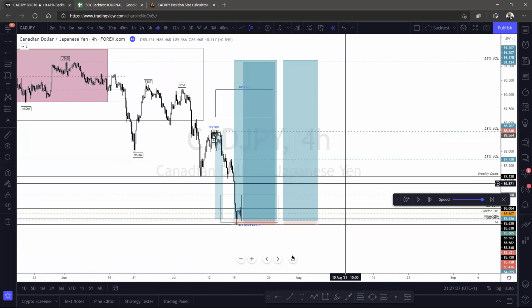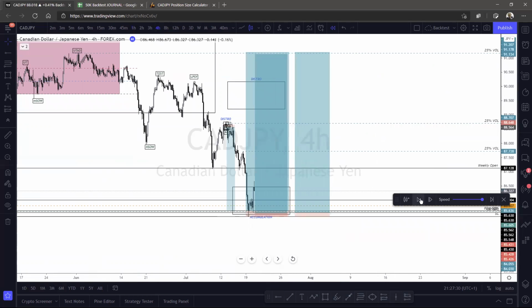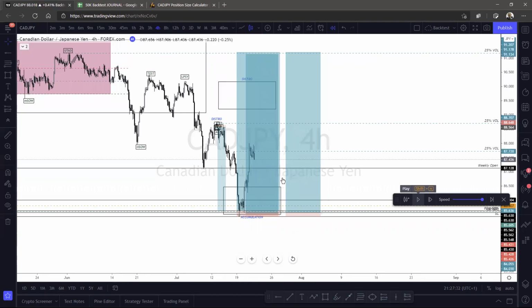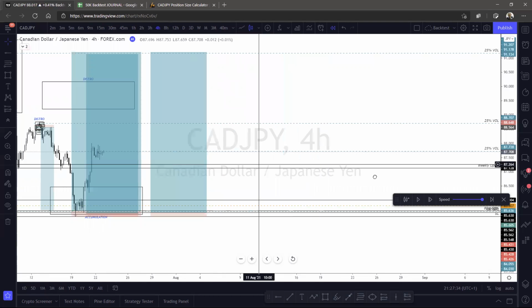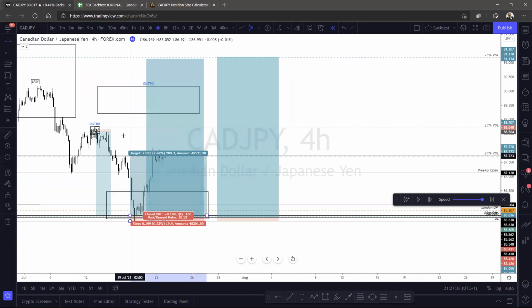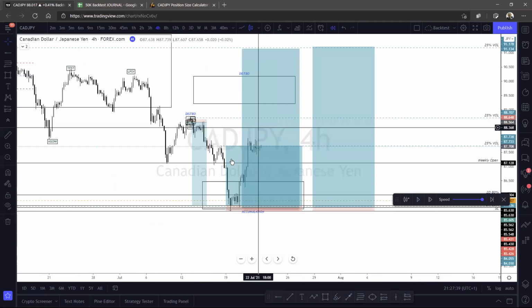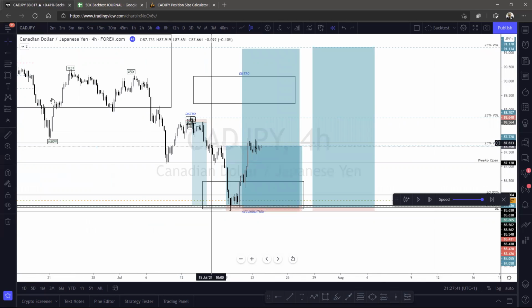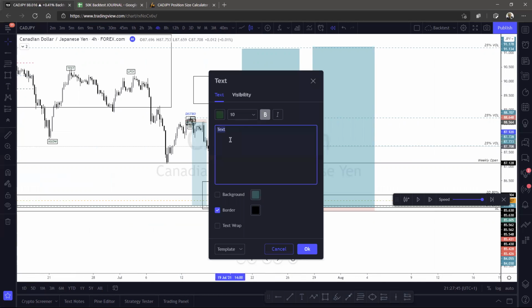Okay, that's that. So let's see. Oh, okay. So price comes into here now. First order is currently sitting at a 10 to 1. 10 to 1.